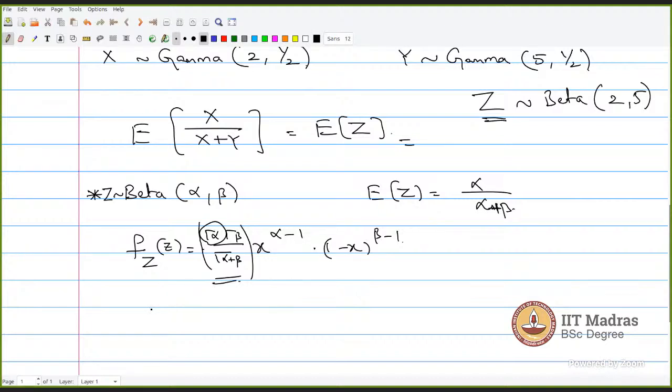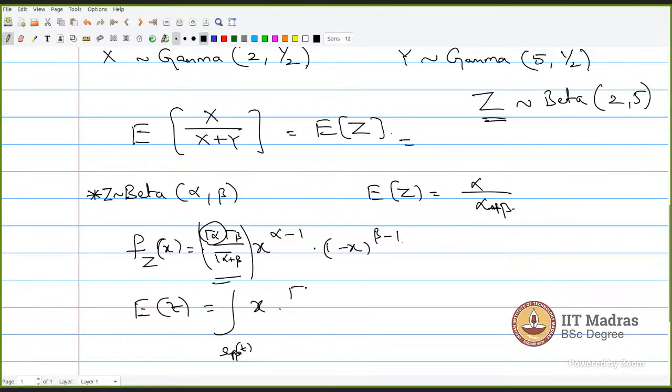Now if you want the expected value of z, you just have to multiply x to this and integrate over the support of z.